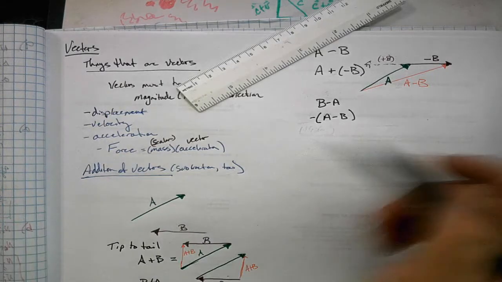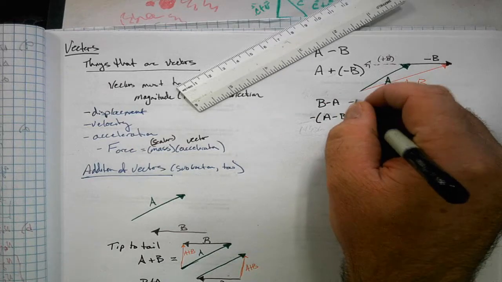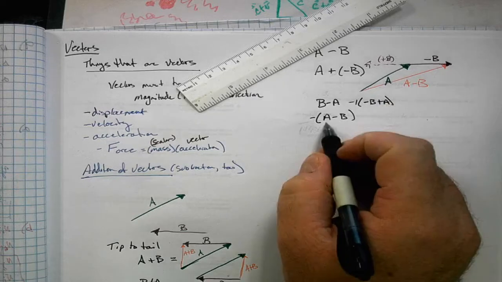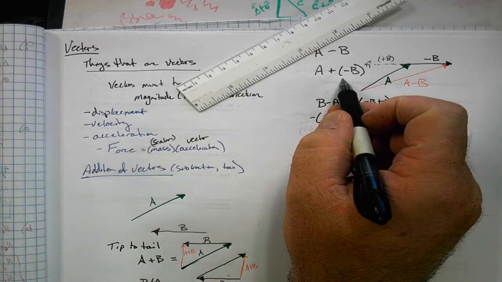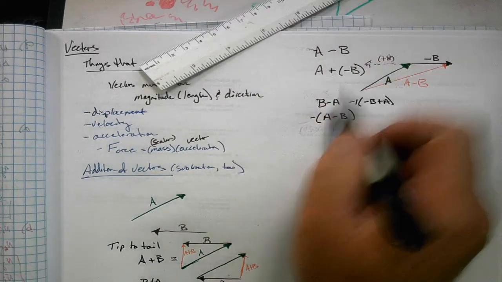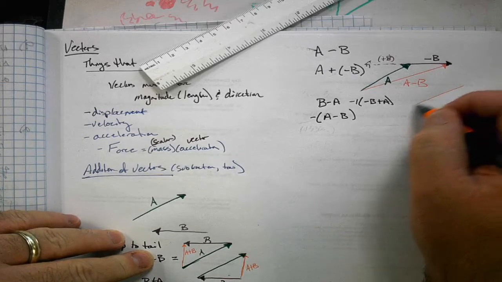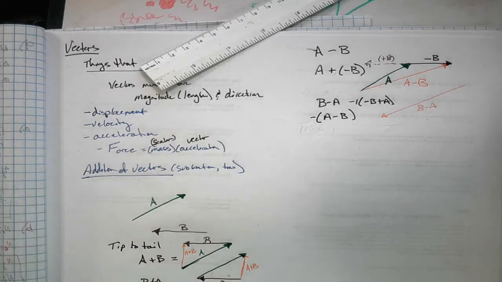So that B minus A, if I factor out a negative 1, that's going to give us negative 1 times negative B plus A, or A plus a negative B, which is the same thing as this up here, right? So instead of A minus B, B minus A would be, right? Same vector, opposite direction. Okay, so that's addition and subtraction of vectors.